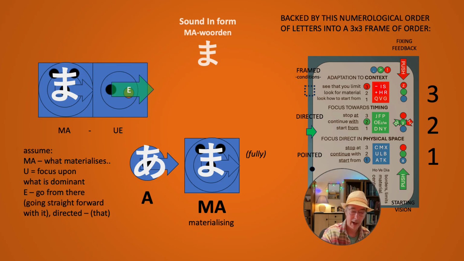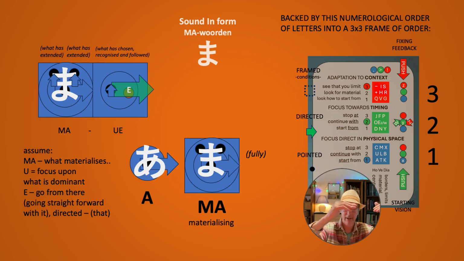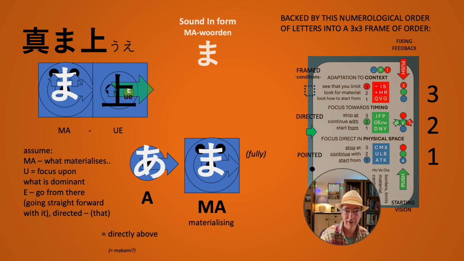What could it mean? Ma, ue. So I have these parts that are extended. You see, that's what I follow. I also, if I do that, follow what is extended in U. I follow the slightly bigger part, slightly also higher up part a little bit as well, because the other thing is inside or lesser or that kind of idea. Now what does it mean? It means actually directly above.